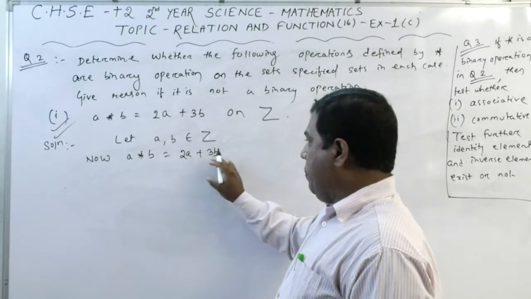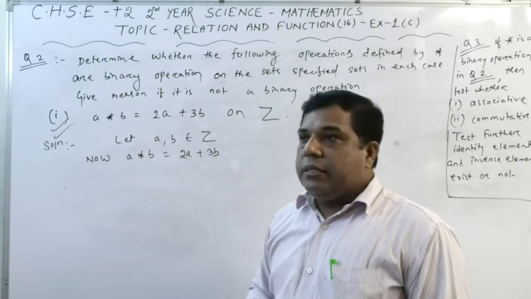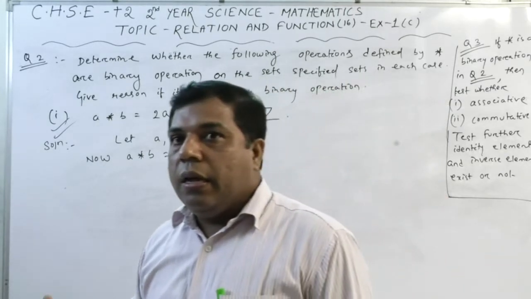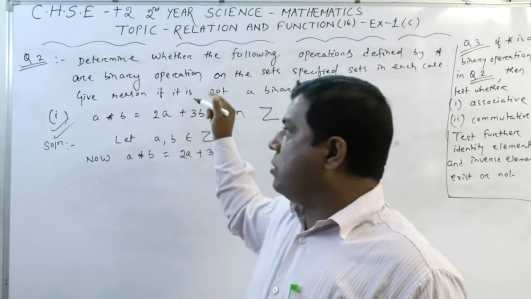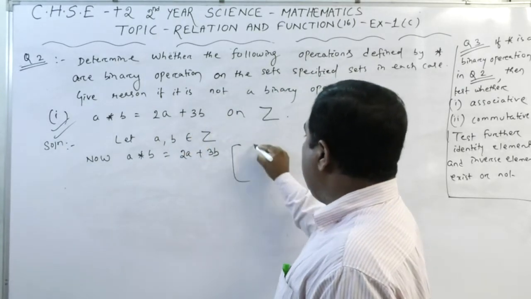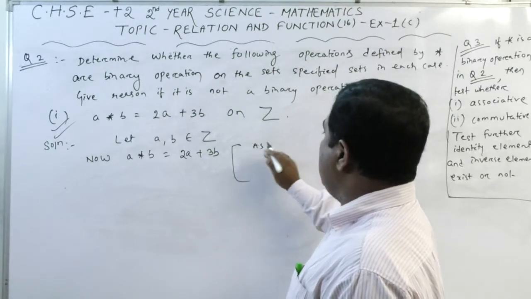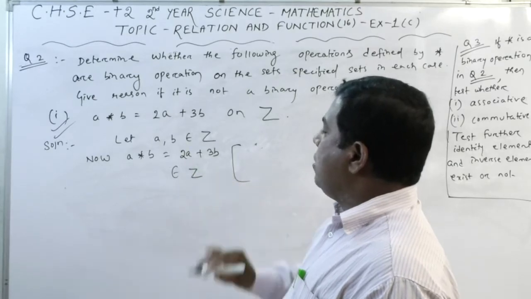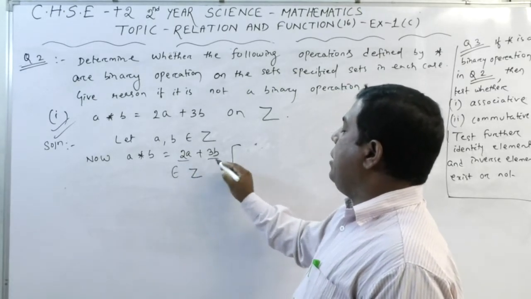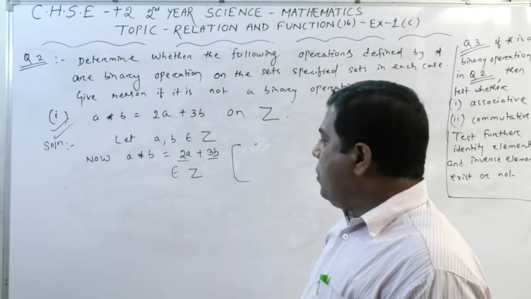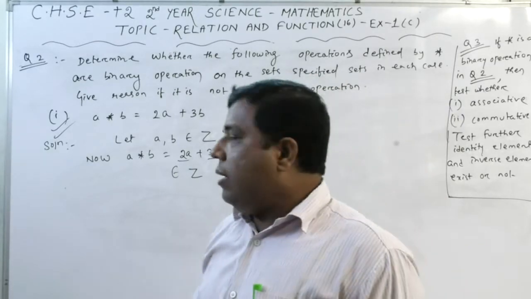As multiplication and addition satisfy the closure law on set Z, as we saw in our previous question number 1, we can say that 2A plus 3B belongs to the set of integers, that is, it belongs to Z. Why?